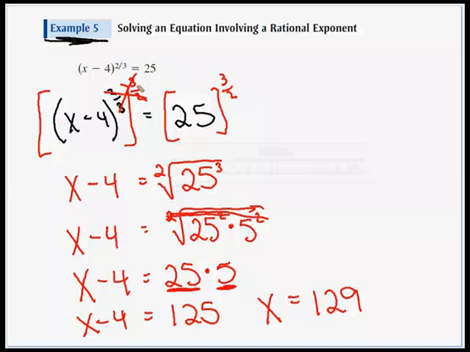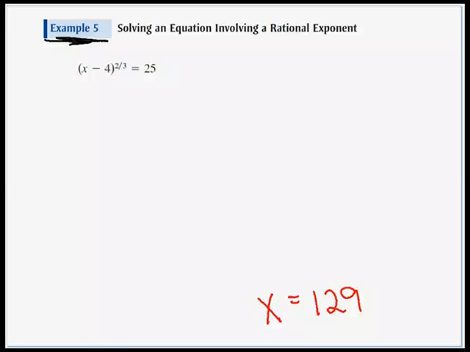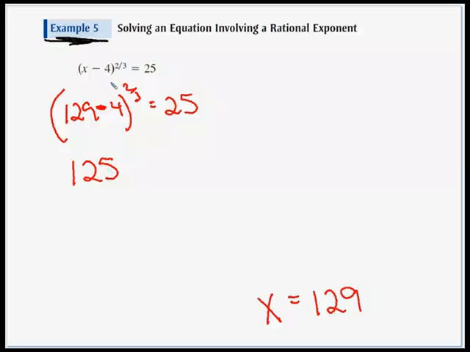And let's see, since we did mess around with exponents, I guess we could check that in the original equation. And this isn't a hard one to check. If we plug in 129 for x, here we're going to have 129 minus 4 to the 2/3 power. Does that equal 25? Well, 129 minus 4 is 125 to the 2/3 power, which means the 3rd root of that squared.